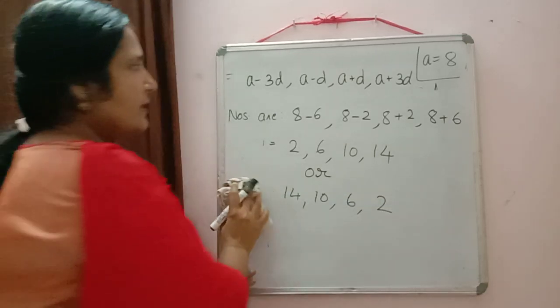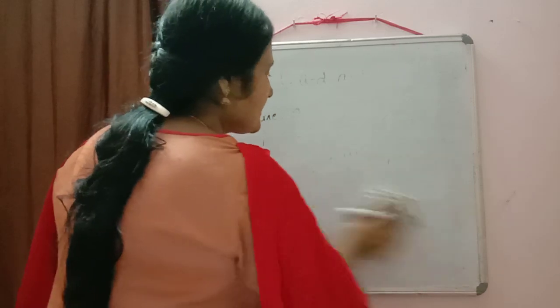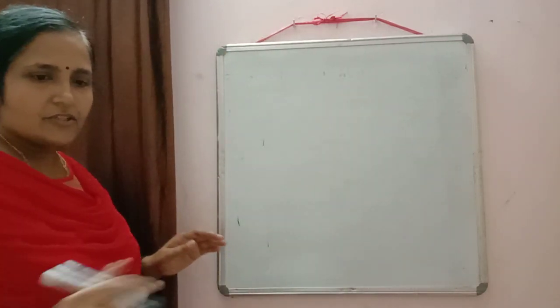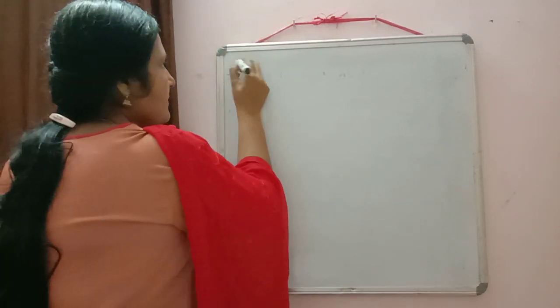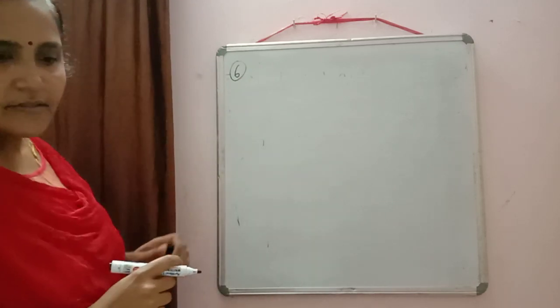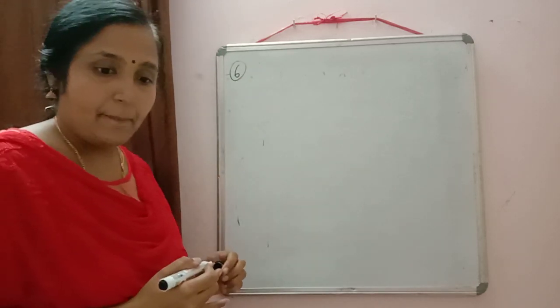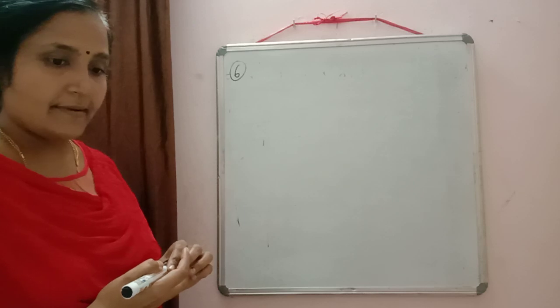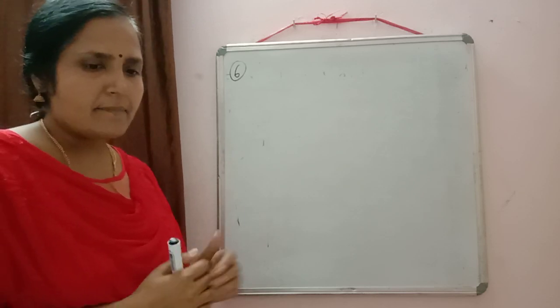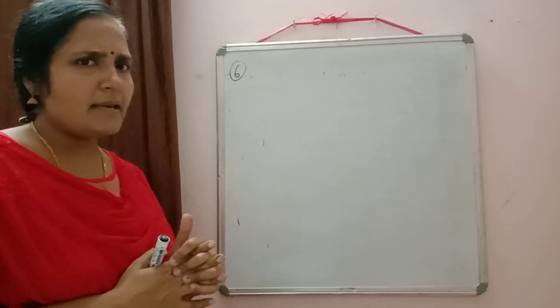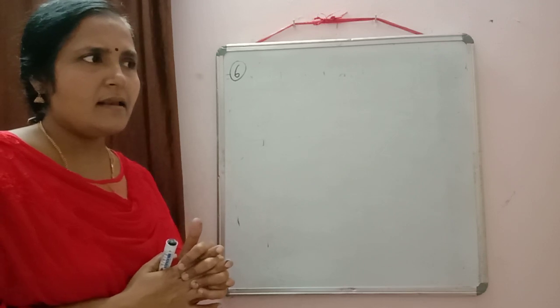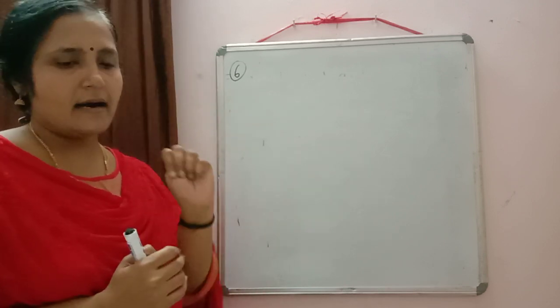So moving on to the next question, question number 6. In question number 6 it is written, the angles of a quadrilateral are in AP. Angles of a quadrilateral. How many angles are there in a quadrilateral? Yes, 4 angles are there.